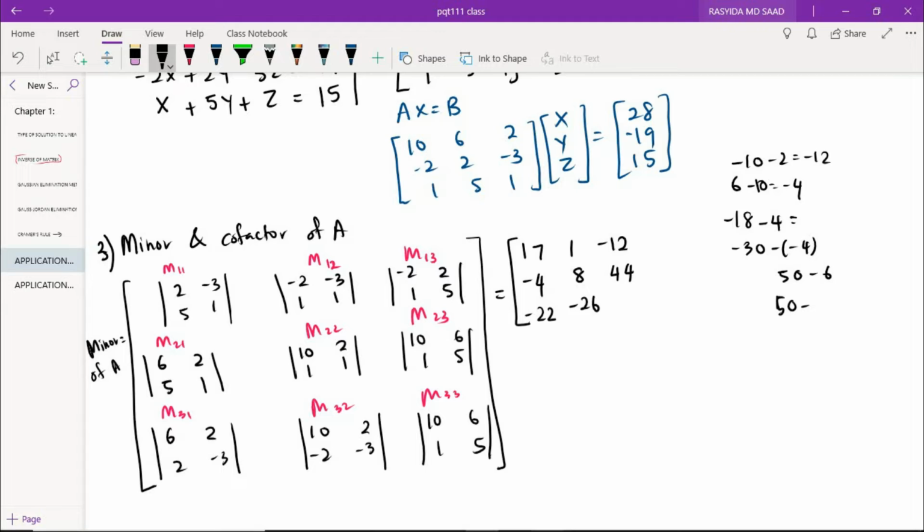That one should be 3, 3, so it should be 10, 6, negative 2, and 2. Okay, so some correction on that part. So it will be 20 minus 12, so it will be 32.